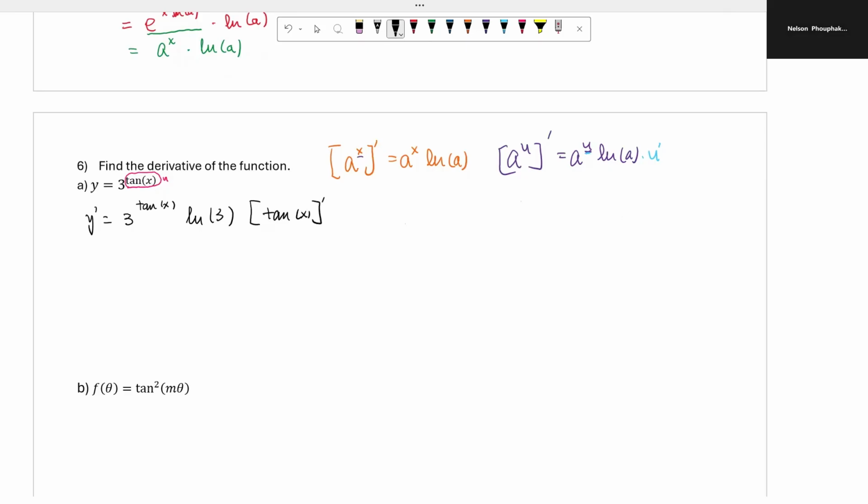Again, the derivative of tangent of x is secant square x. So my answer will be 3 to the tangent of x, natural log of 3, and then secant square x. Then this is my y prime.